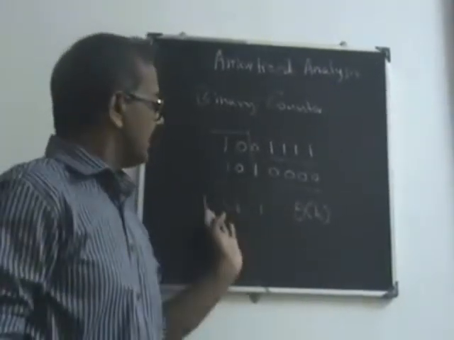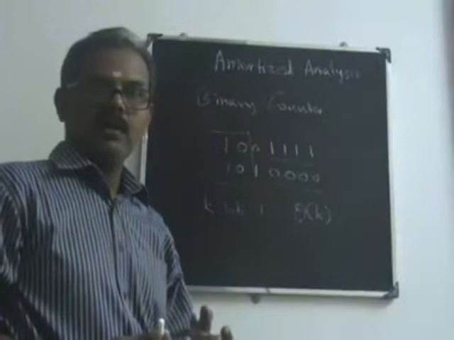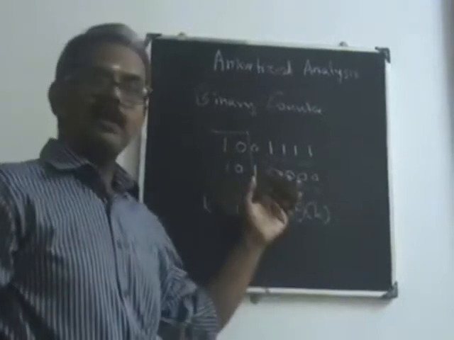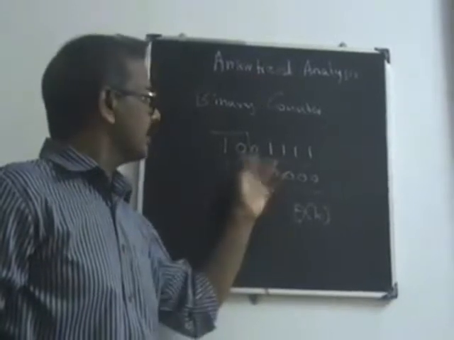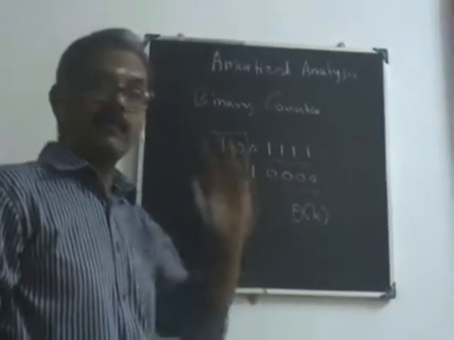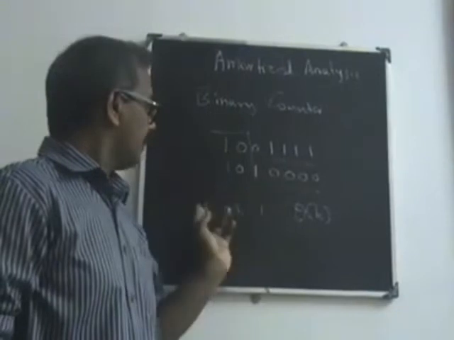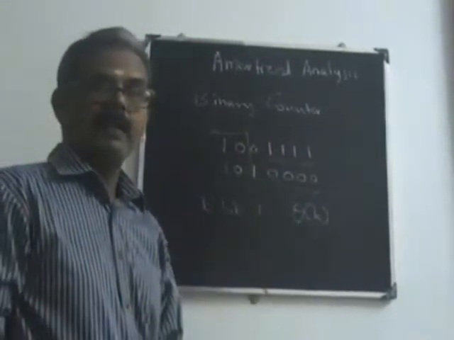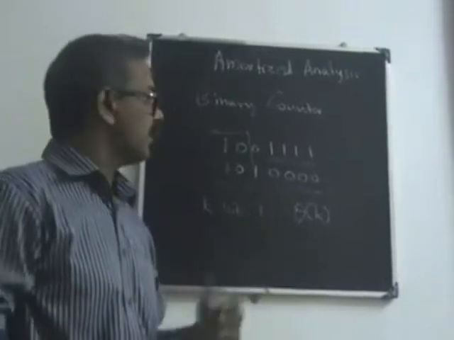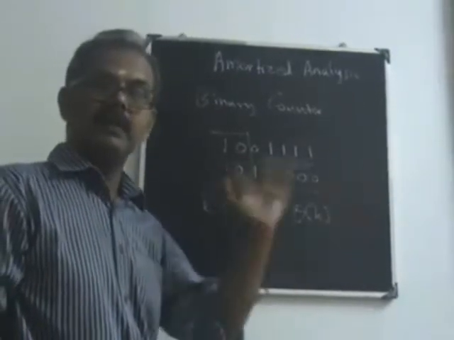But this k we do not know. It depends on the increment we make. Depending on the current value of the counter, the number of bits that need to be changed from 1 to 0 varies. In the worst case, all the bits are equal to 1.